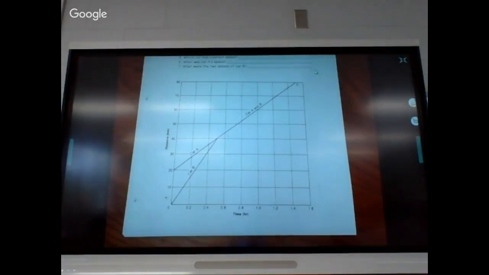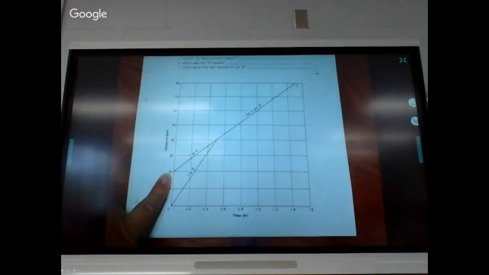Don't want to hear from you two the whole time I'm talking about this graph, not a word. How far did car A travel before it met car B? 40 miles. Okay? Now, where did car A start?